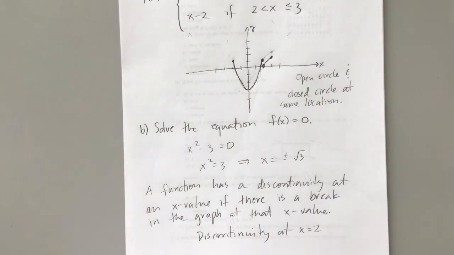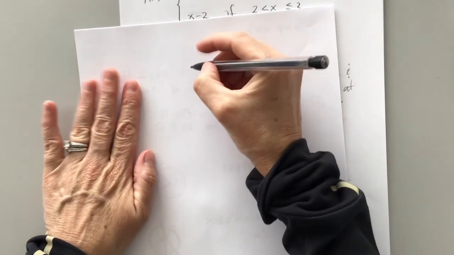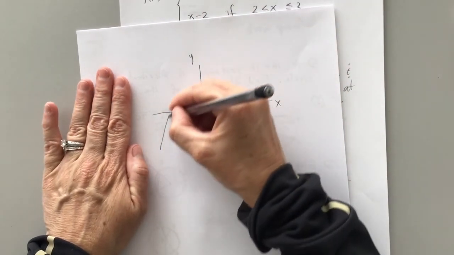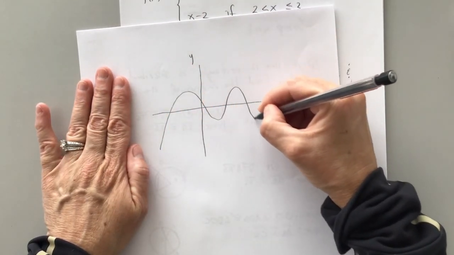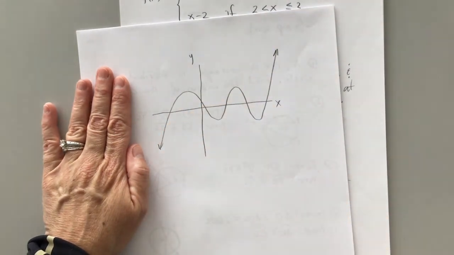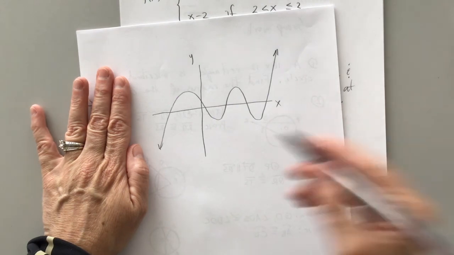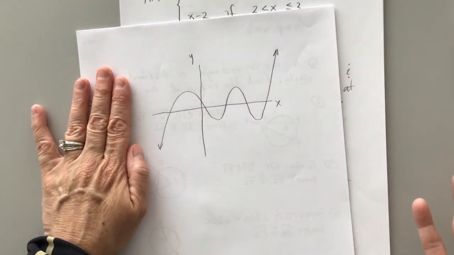Just touching on that, polynomials are nice functions, just powers of x. So we would say that there's no break in the graph of any polynomial. So polynomials don't have discontinuities.